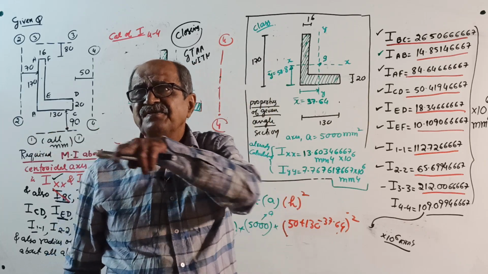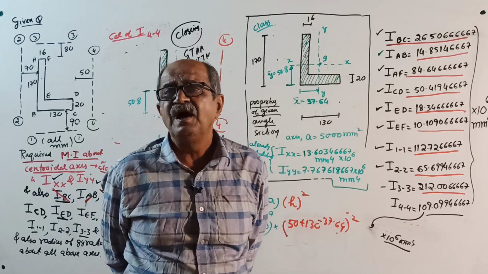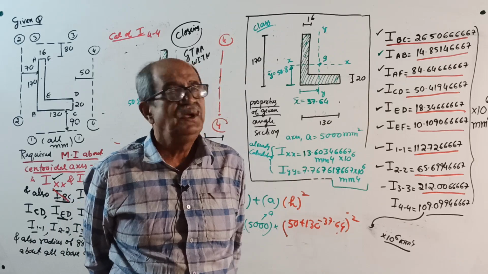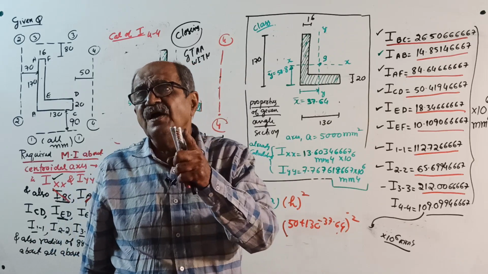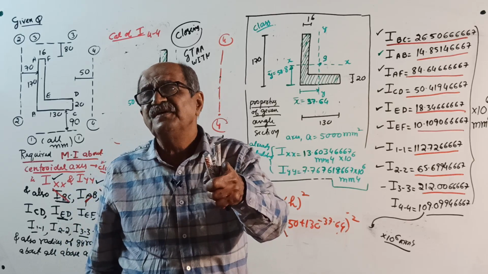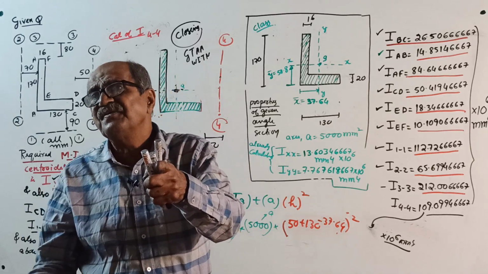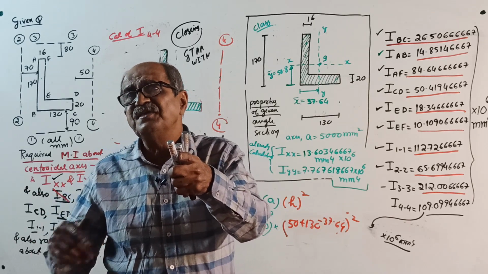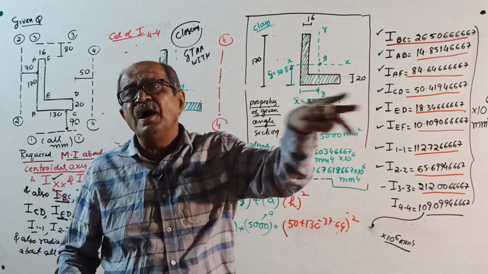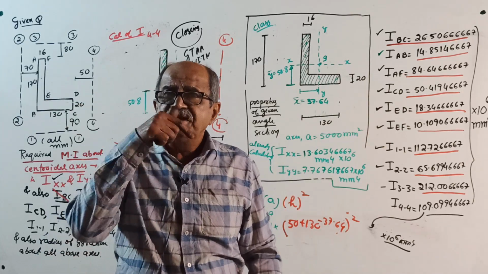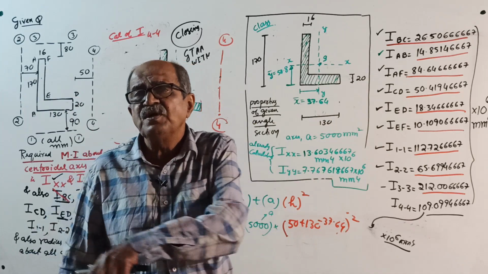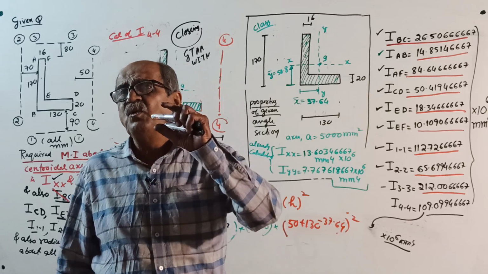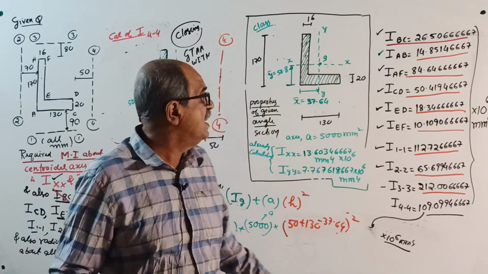Directly mark that axis and find moment of inertia about that axis, dividing the given lamina into different parts. But if they ask I about the centroidal axis and also about some other axis, you can do it like earlier and save time. Once you know I about the centroidal axis, you can find I about the other axis using IG plus A h square. Now IG means I about the centroid of the entire lamina.